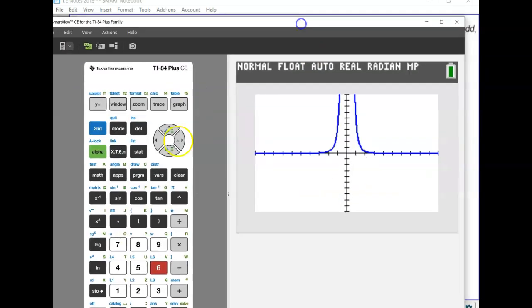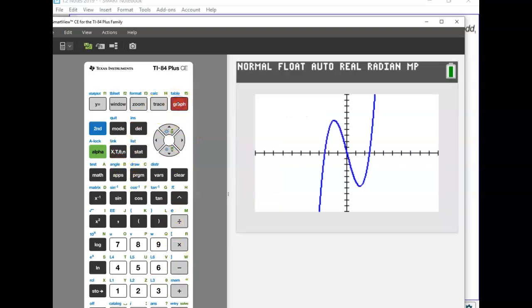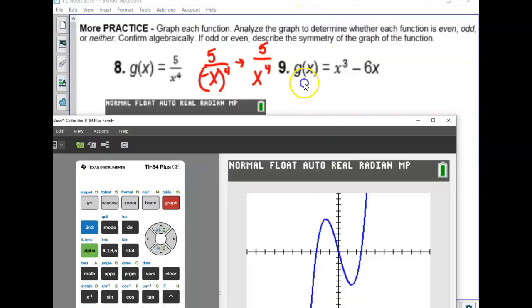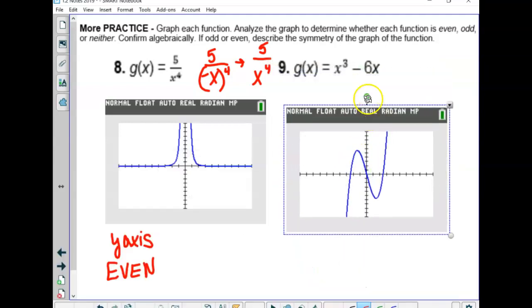Okay. X cubed minus 6x. Is that what it said? X to the 3rd minus, oops. I always forget to do that. Arrow to the right. Minus 6x. Okay. Ooh, that's kind of pretty, but definitely is not y-axis symmetry.